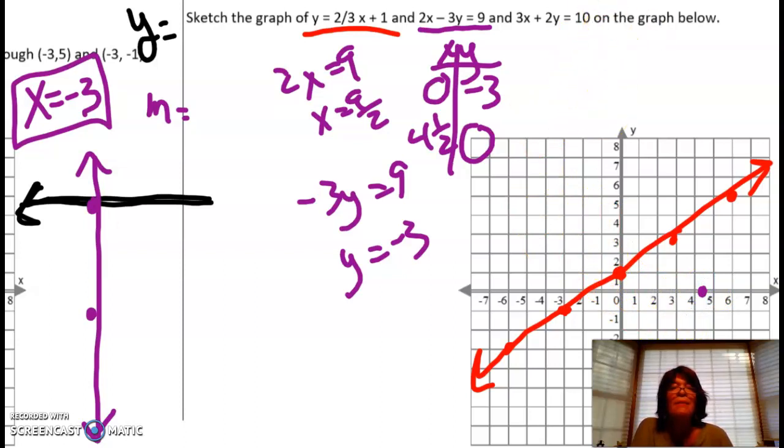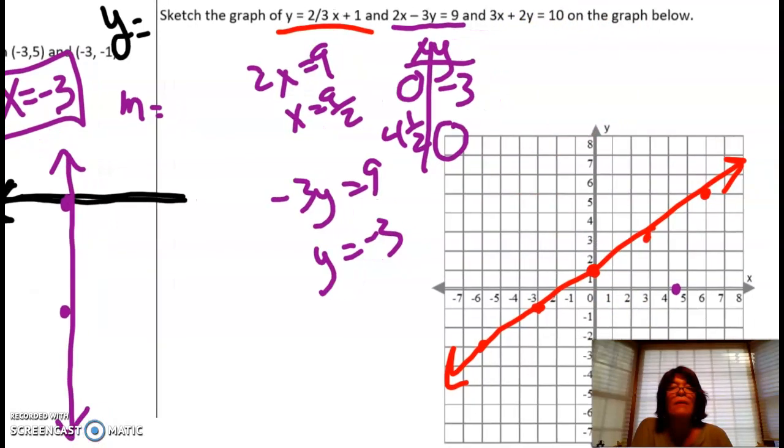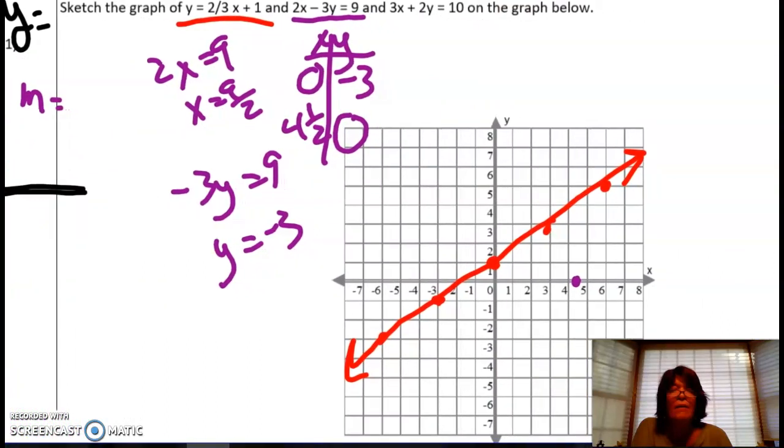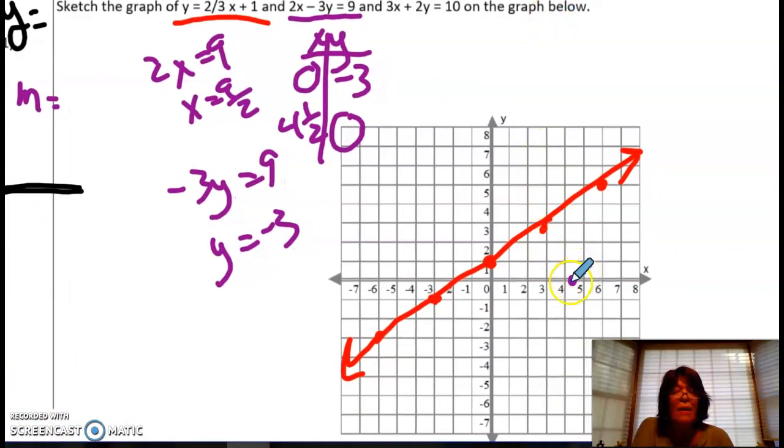Okay, let's see. I have to move myself so I can graph that. 0, negative 3. Oh, these are parallel lines.